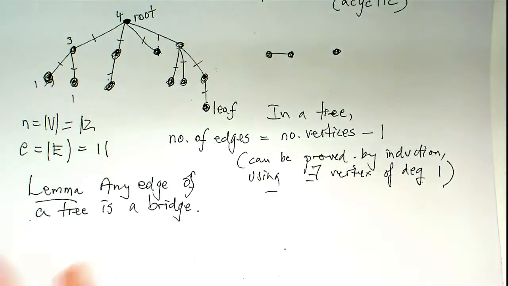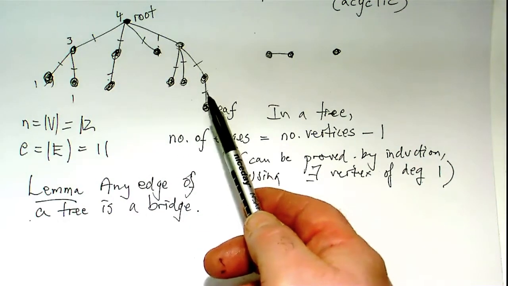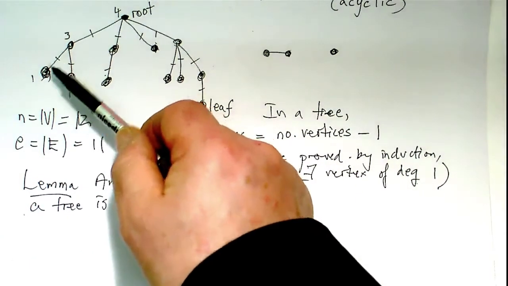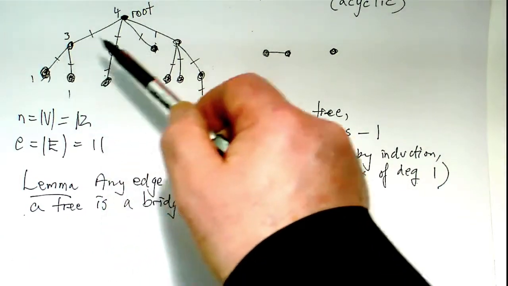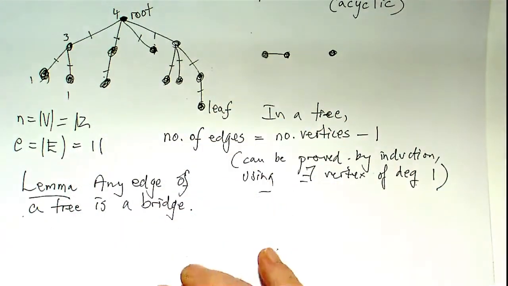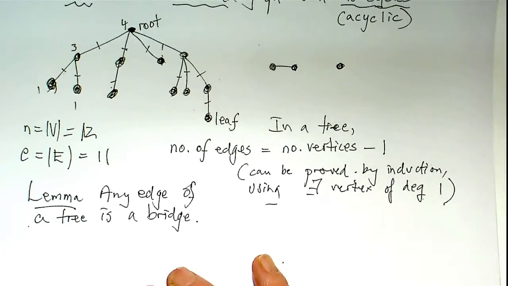Any edge you choose, if you remove it, you're disconnecting the graph. If you remove this edge here, you're leaving an isolated vertex. If you remove this edge here, you left a piece here. So you'll always split the graph up if you remove 1 edge, any 1 edge. Any edge is a cut edge or bridge.